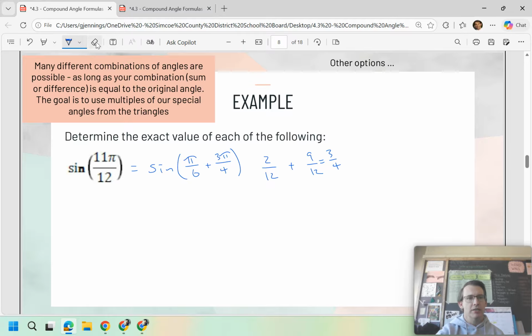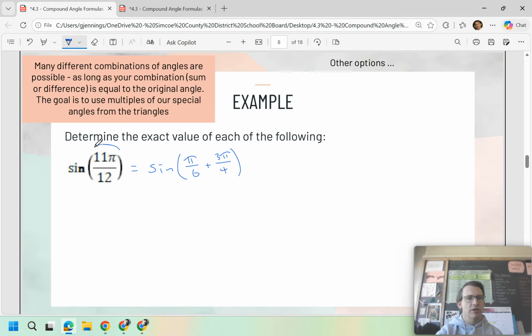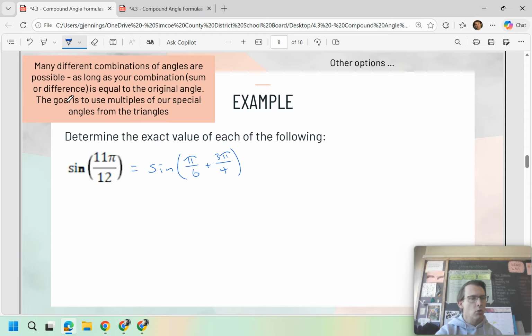Okay, we're going to use this identity to solve it. So I just have to use my creativity or my number sense to break down this fraction into recognizable pieces. Quarters and sixths, or halves, are basically what we can use to use our special triangles. And then we just carry on.